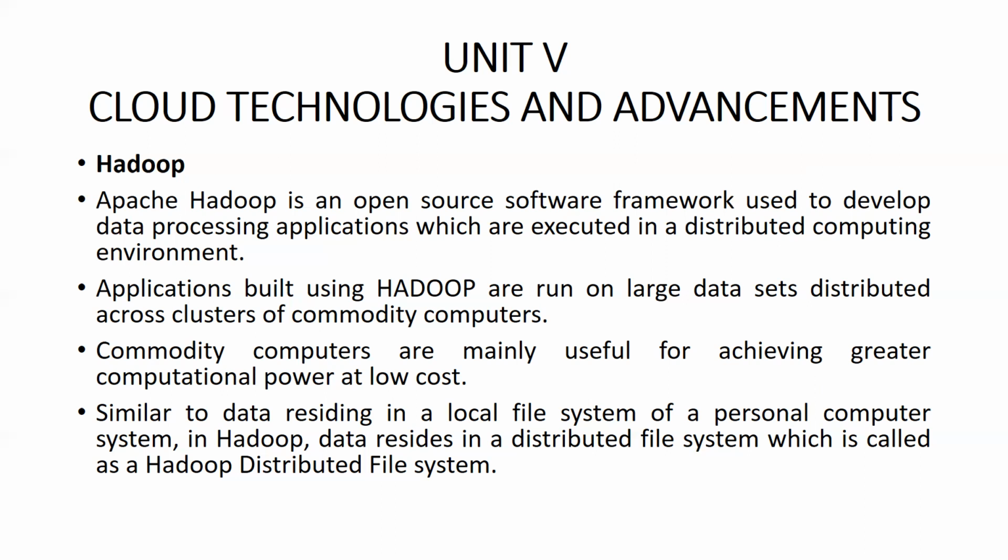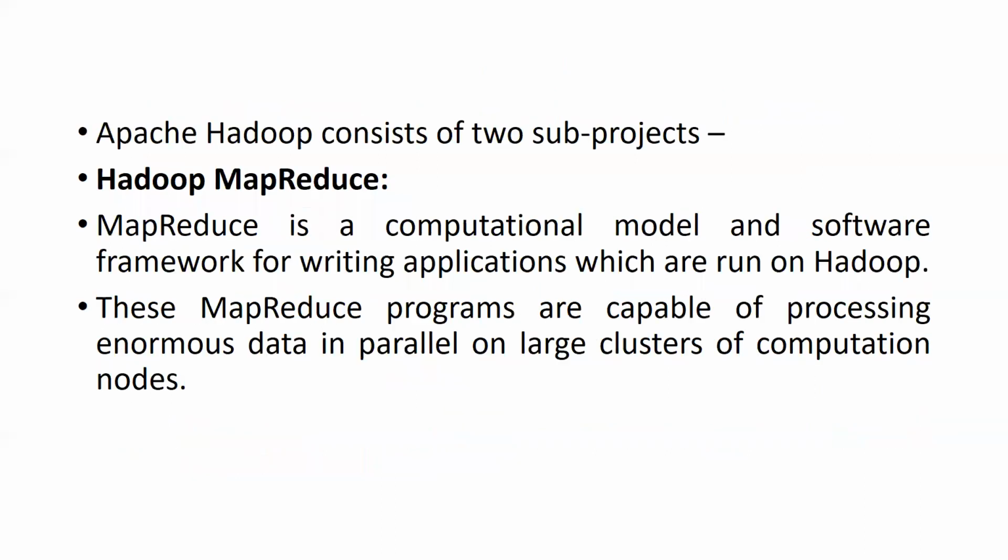The computers are connected through a network to solve problems involving massive amounts of data and computation. Apache Hadoop consists of two sub-projects called Hadoop MapReduce and HDFS, that is, Hadoop Distributed File System.